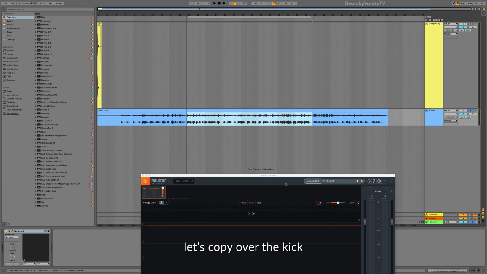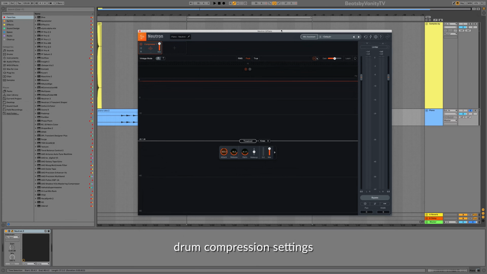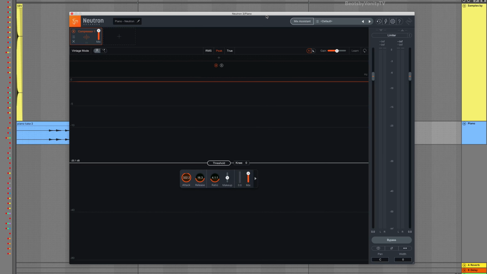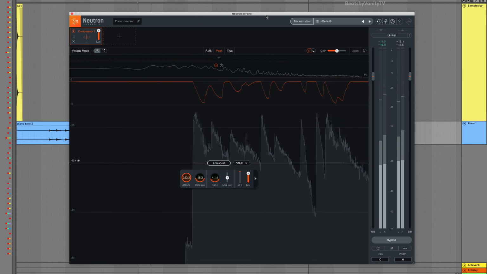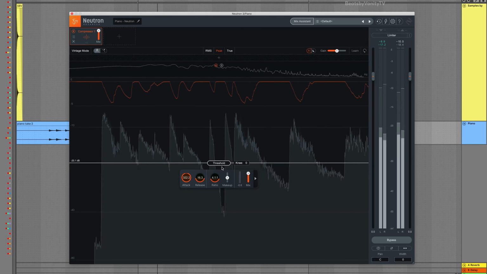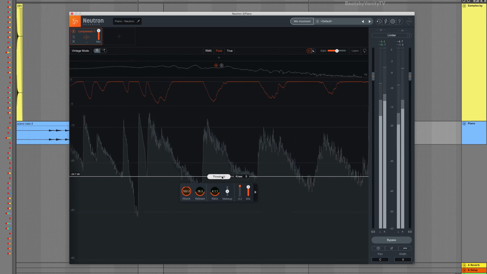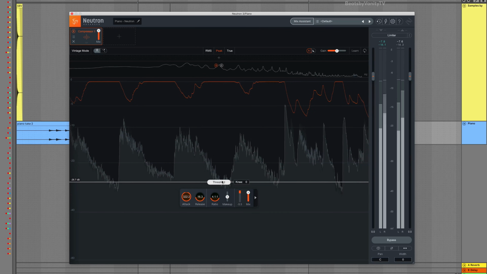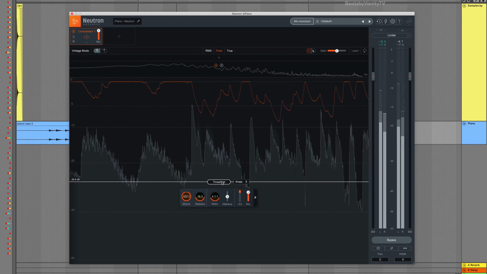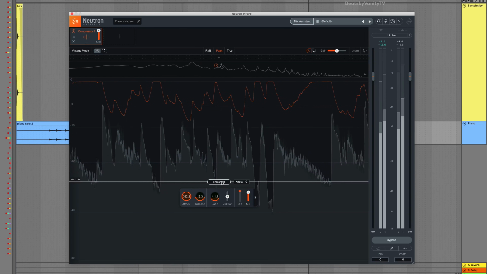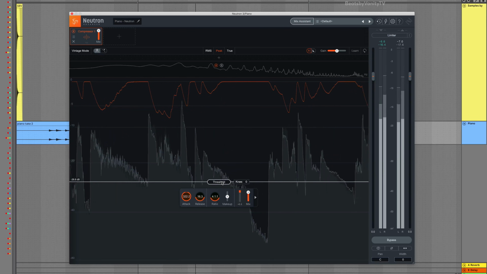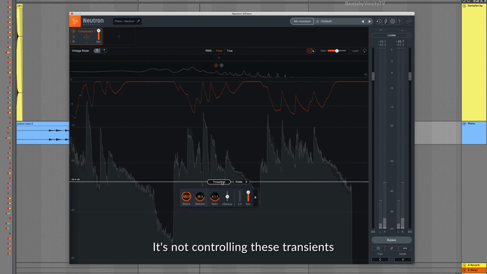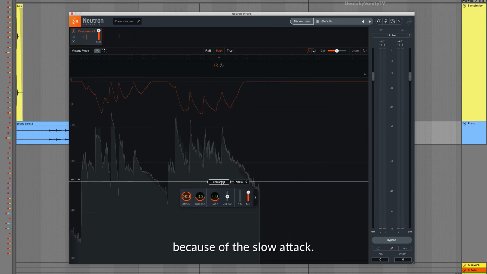Now, let's copy over the kick drum compression settings to this piano. It's not controlling these transients because of the slow attack.